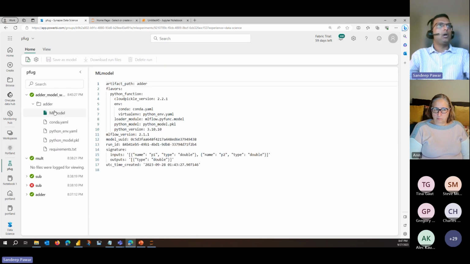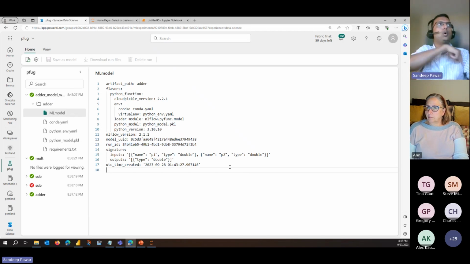So if I go to ML model, you will see it has the model UUID, it has the run ID as well. So just based on the model, you'll be able to backtrack which experiment I ran, which notebook I ran, and rerun that again, and then figure out if I need to make any changes or not. And so that's why this MLflow tracking or this experiment tracking or model tracking is super important in machine learning.